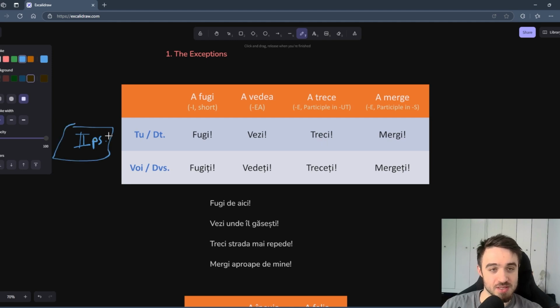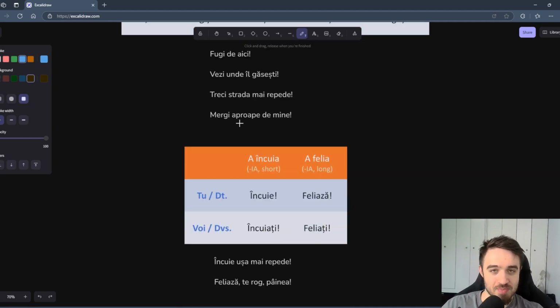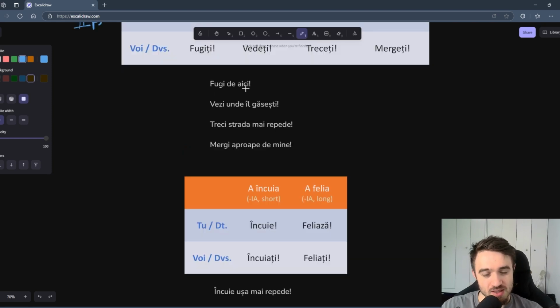The second person singular of the present tense is used for the imperative. So instead of saying like last time, dansează and uită, we say trece and vezi. Mergi aproape de mine, so go walk close to me, and cross the street faster and see where you find it, and get out of here or run away from here.